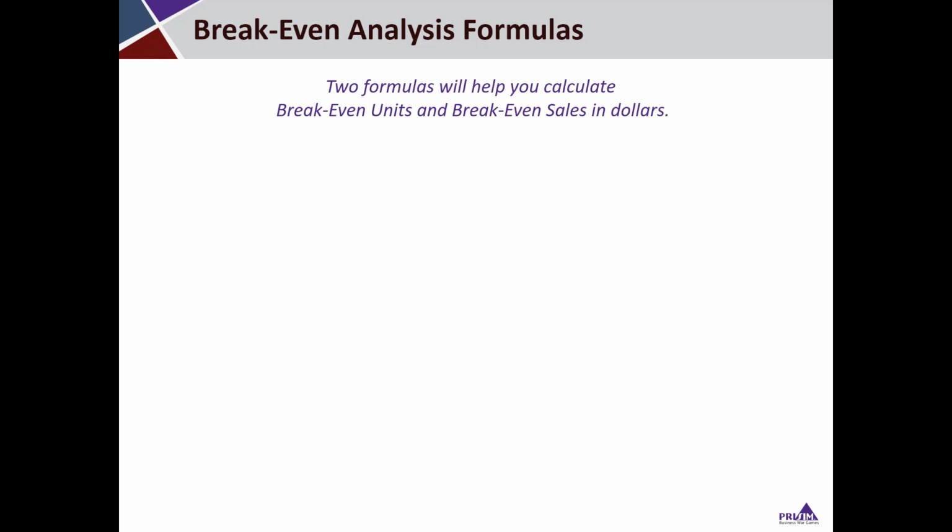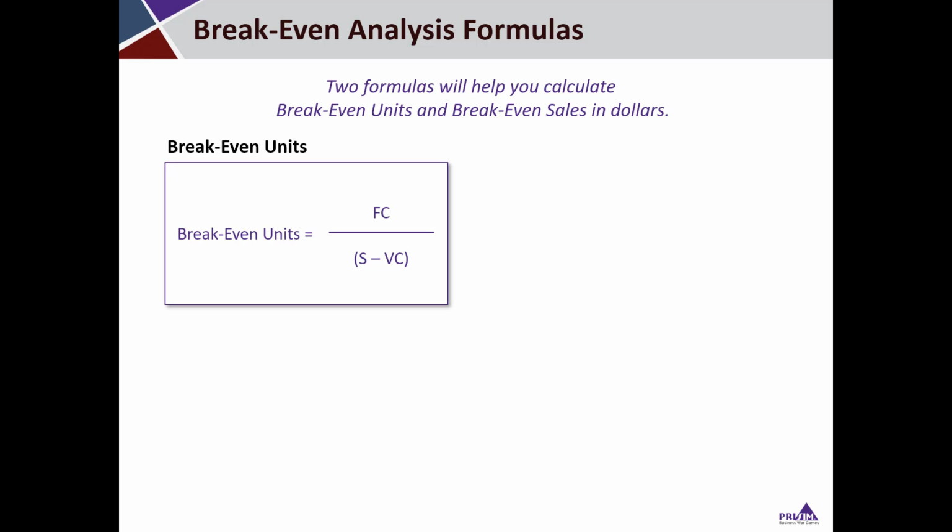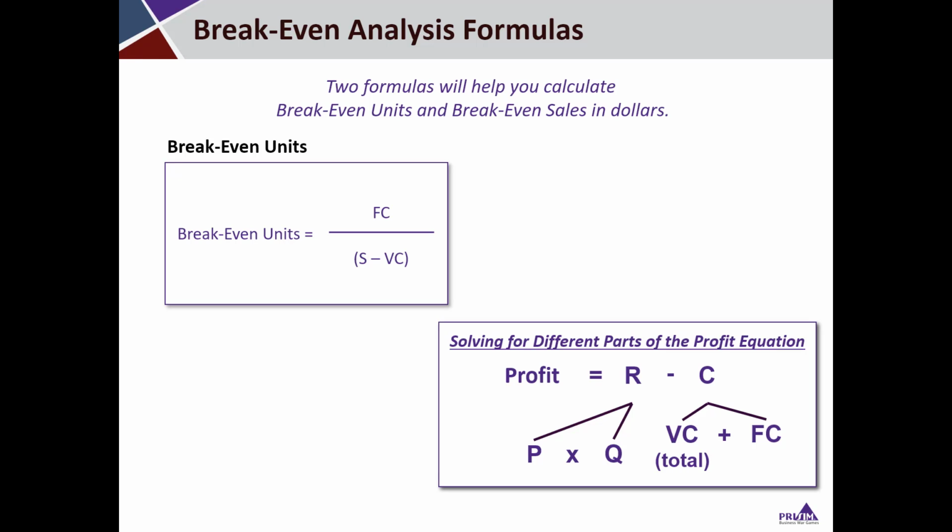And there are two formulas that we can take a look at for break-even analysis, and those are break-even units and break-even sales dollars. So the first one that we'll talk about is break-even units, and you can see how it's just taking the elements of the profit equation and solving for Q in the formula, which is the same as units.